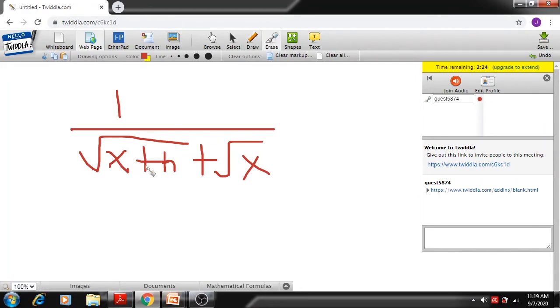Substitute 0. Now we'll lose this. Square root of x plus square root of x is 1 over 2 square root of x.